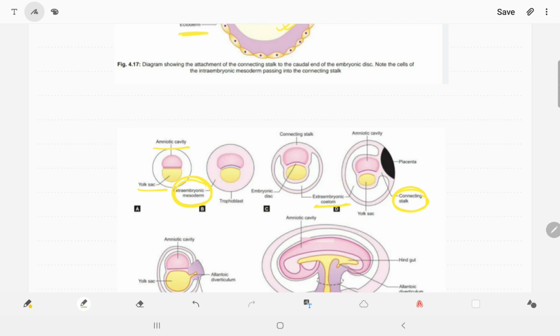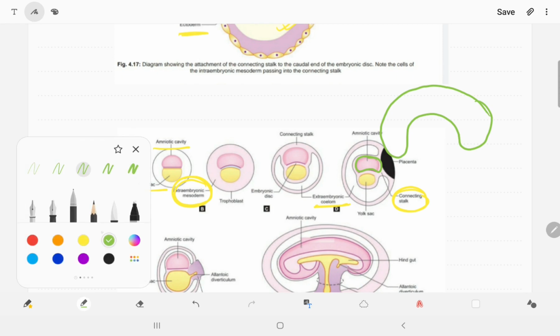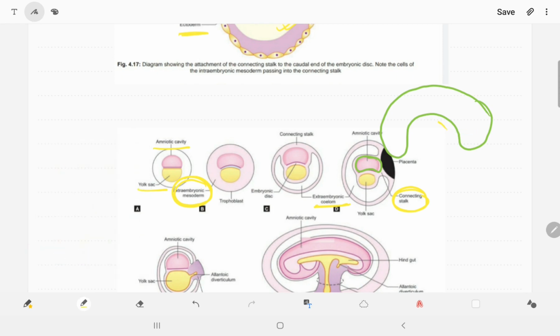Now, there is another thing, that this amniotic cavity will keep on folding, right? This will keep on folding, and what will go inside it is the yolk sac. So this keeps on folding with the yolk sac coming inside it, right?